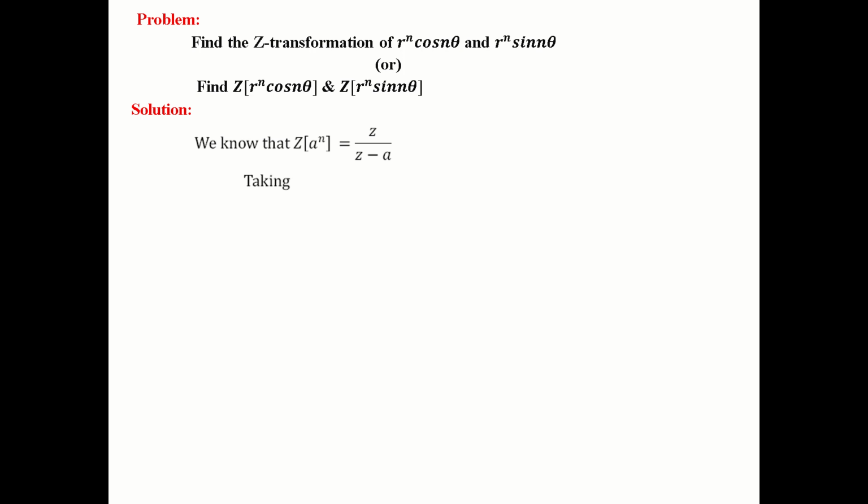Next one, find the z transformation of r power n cos n theta and r power n sin n theta. So we know z of a power n is equal to z by z minus a, right?